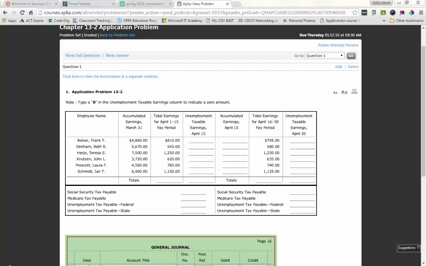And then you determine if they're going to go over the 7,000 number here. So this bottom portion is going to be where you calculate your taxes for the April 15th payroll. This far right box is going to be where you calculate your payroll taxes for the April 30th payroll. Sound good? So it's exactly the same, but you just have to calculate that accumulated earnings to this point. Go forth, calculate payroll.